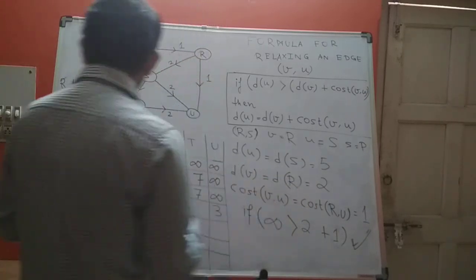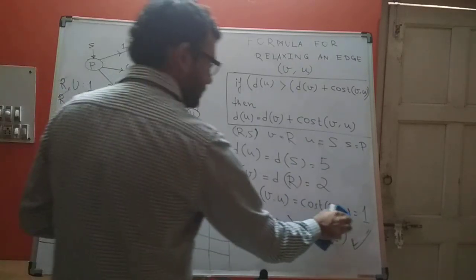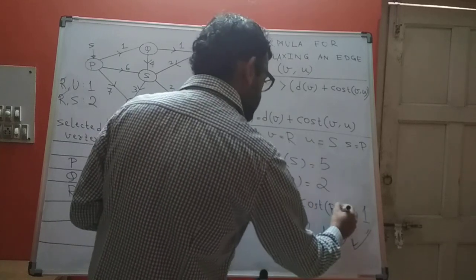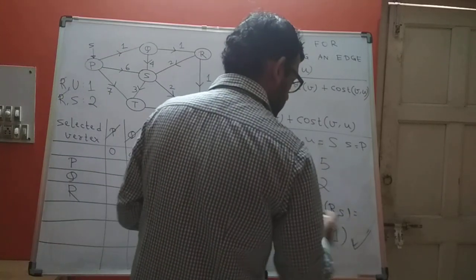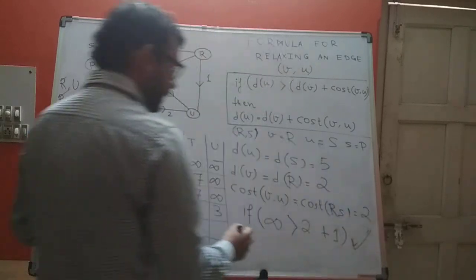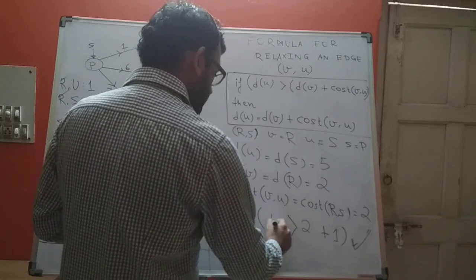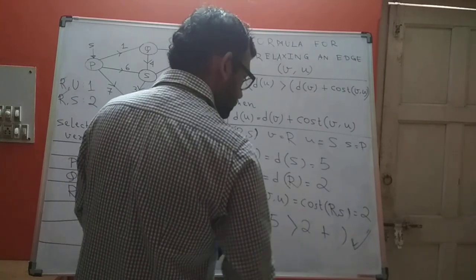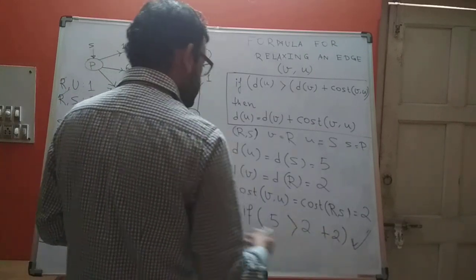And what about cost of v comma u? Cost of v comma u is cost of R comma S, which is 2. Now you check. What is du? du is 5. Is it greater than 2 plus 2? See, dv is 2 and cost is 2. Yes, 5 is greater than 4.